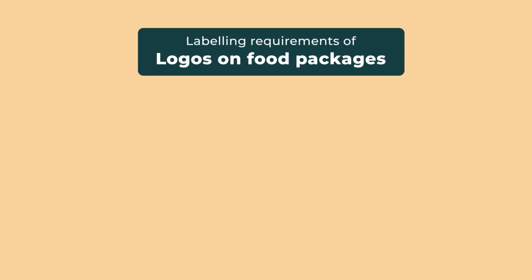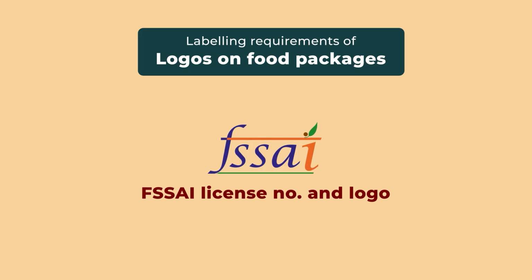Now, we will see what are the important mandatory logos which are to be mentioned on the food label. First is the FSSAI, that is Food Safety and Standards Authority of India, license number and the logo. The logo is a must on the food label.